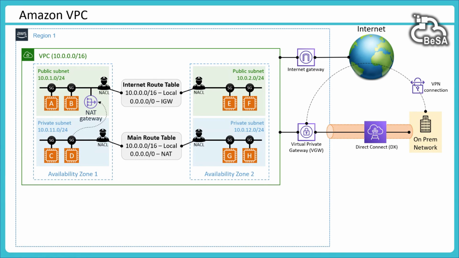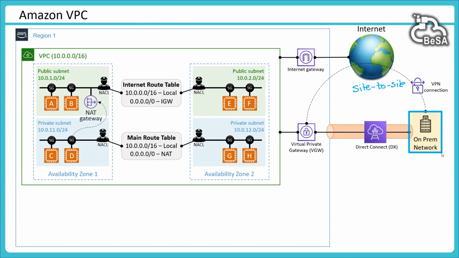Now, the VPN which I am going to explain here is the site-to-site VPN. What I mean is, I have a cloud site here in a region and I'm connecting the whole site to my on-prem network, which is another site. So this is referred to as a site-to-site VPN.